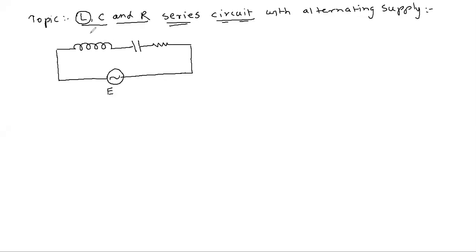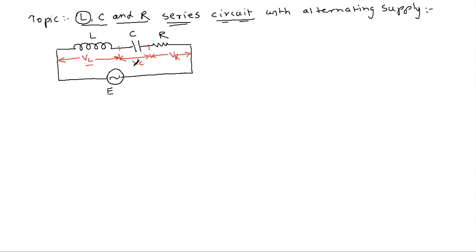Now here the inductor with inductance L, capacitor with capacitance C, and resistor of resistance R are connected in series. So we can say that the potential difference across the inductor is VL, the potential difference across the capacitor is VC, and the potential difference across the resistor is VR.